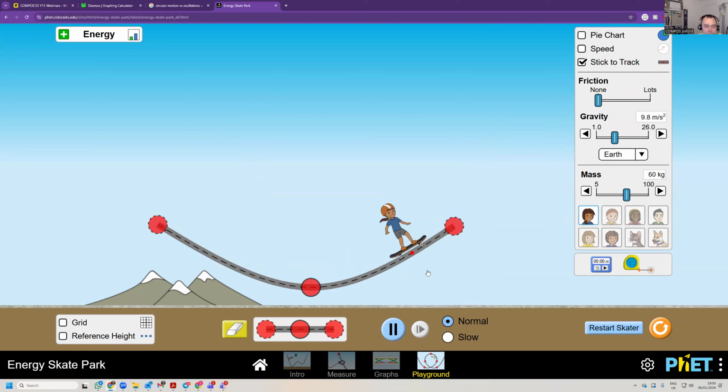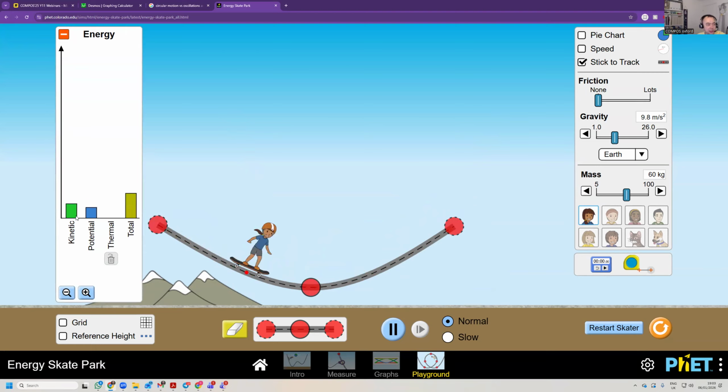This is as close to an oscillation as we can get. And look at the energy.